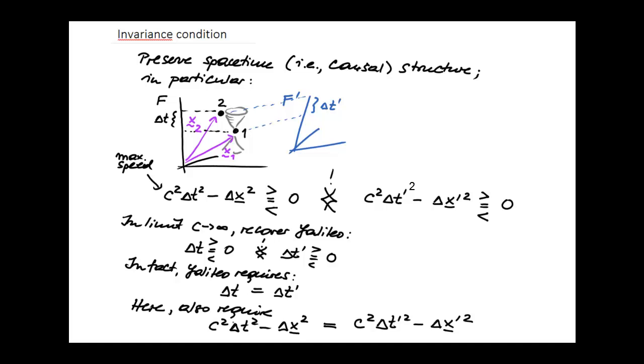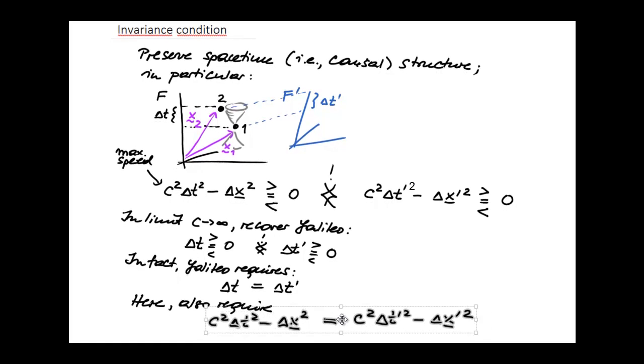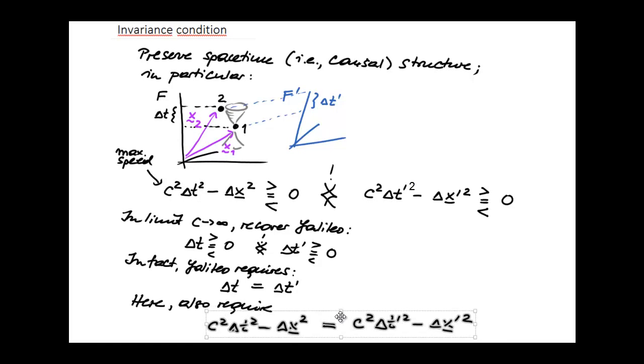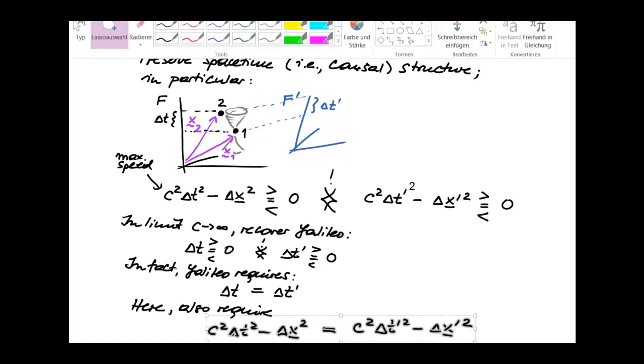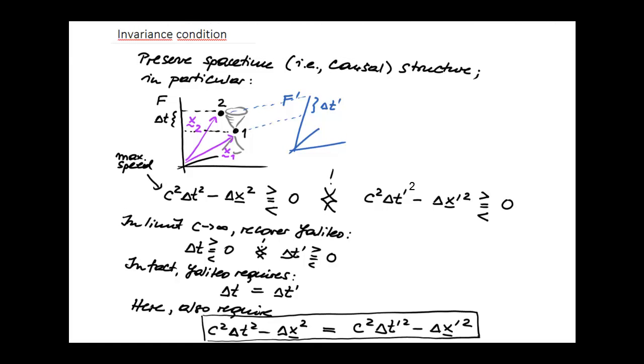And this is the crucial invariance condition that will also lead to the mathematical form of the Lorentz transformation. So this more stringent requirement ensures that in the limit c going to infinity, we recover the invariance condition for the Galileo transformation.